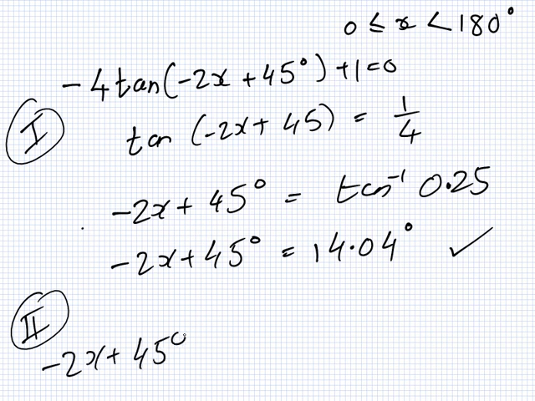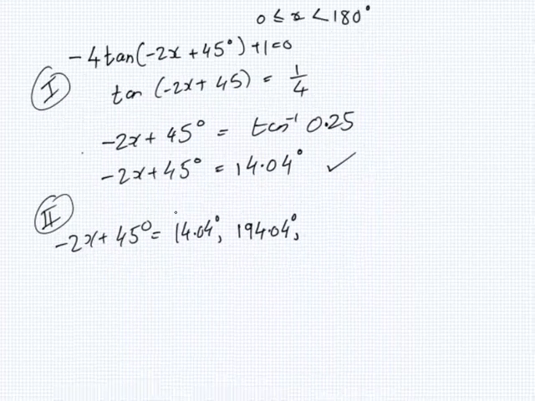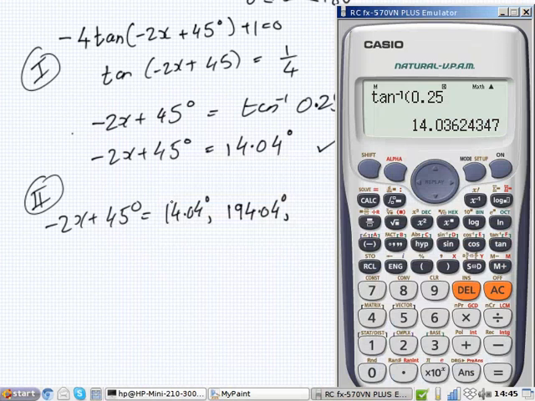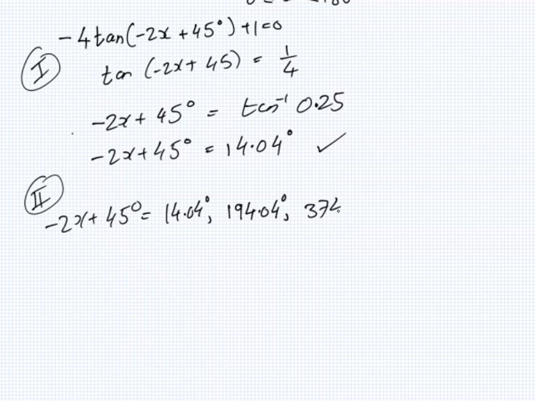So the first answer I have, it's 14.04. The second answer I have to add 180. So if I add 180, what's that, 194.04? Now, how do I get the next 2 answers? Yeah, plus 360. 374.04.